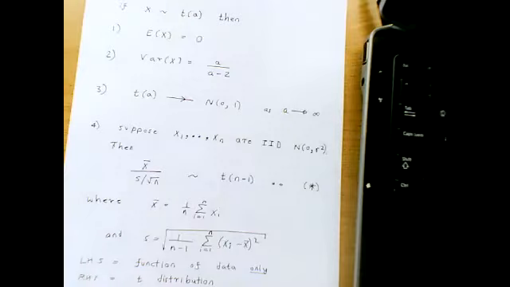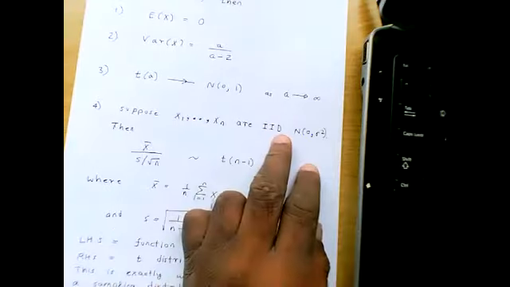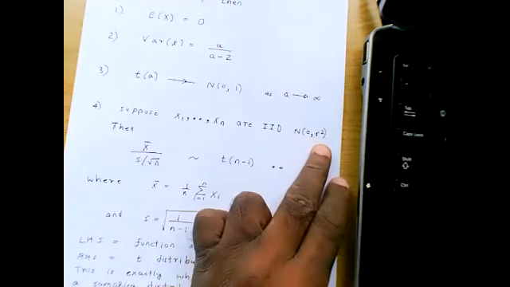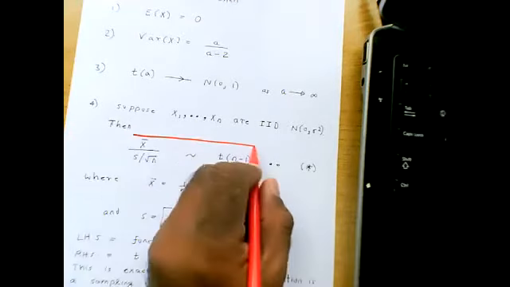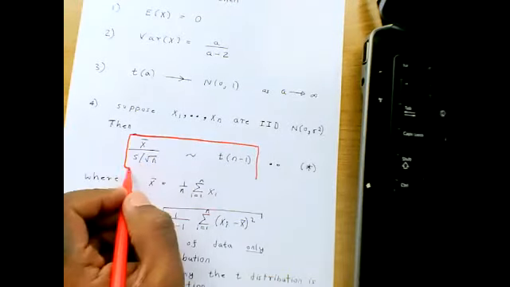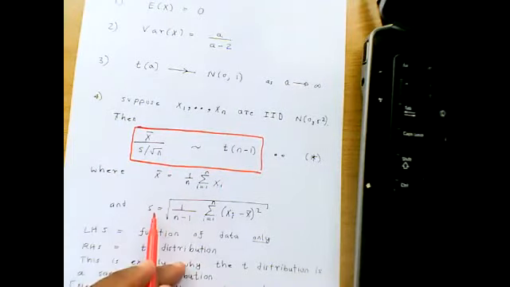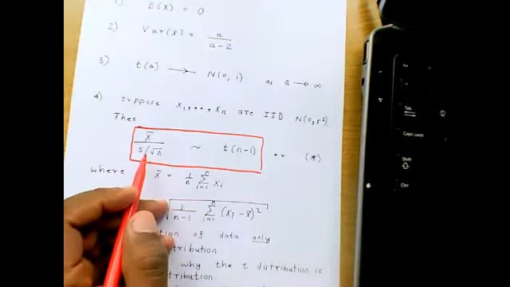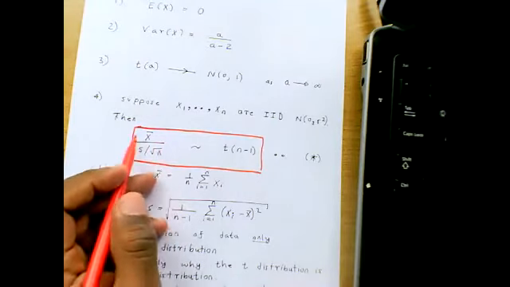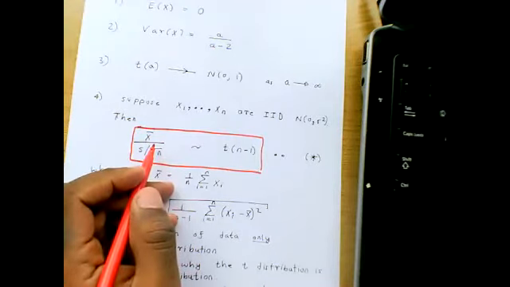Now the fourth property is the most important one of all. If you have IID normal with 0 mean and variance sigma squared, then this statement is true. What this says is, where x bar is the sample mean and s is the sample standard deviation, if you look at the left hand side, it is a function of data only.